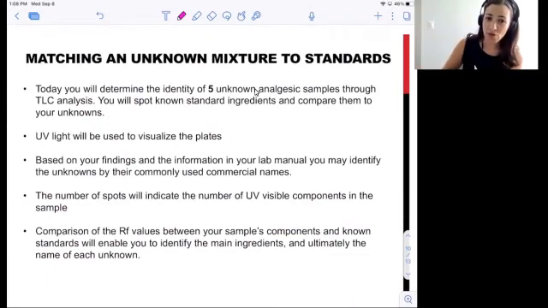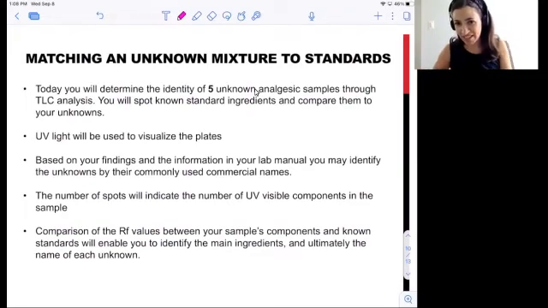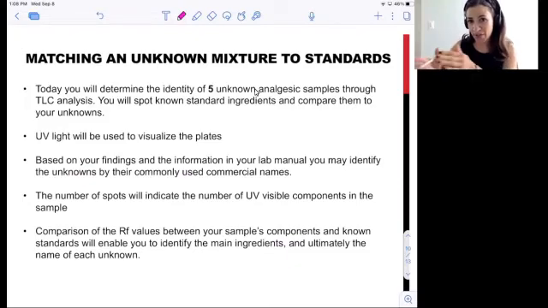And then you're also going to study some reference compounds, such as acetaminophen and caffeine, ingredients that are commonly placed into these analgesics. By matching the RF of the spots in your unknown to the spots of these known organic compounds, you can say, for instance, my first unknown sample appears to have acetaminophen and caffeine, whereas my second unknown sample only has caffeine.